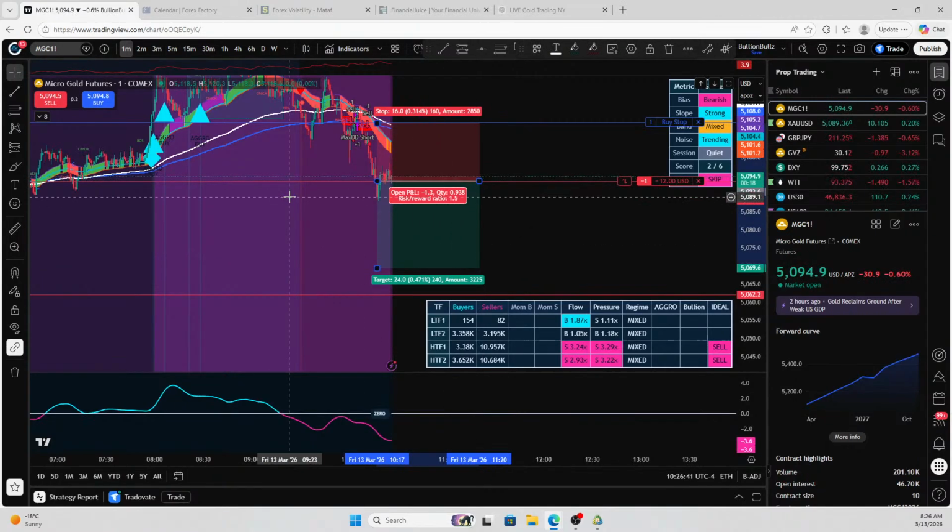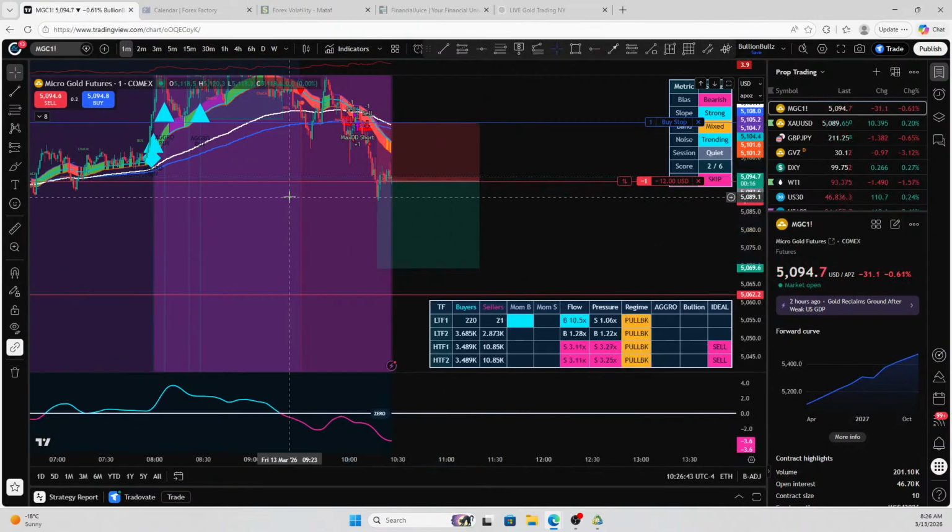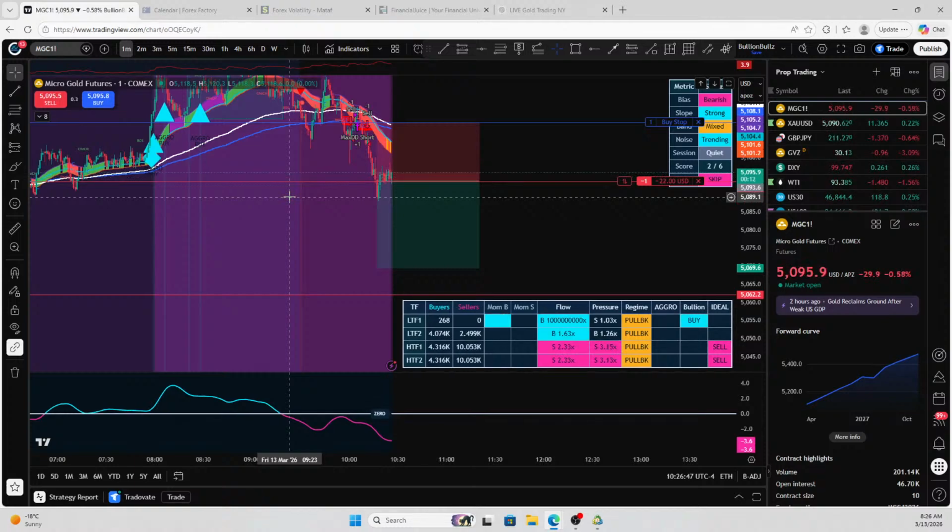I'm just taking setups based on my strategy. Okay, let's see what happens. I'm not in a rush. Okay, pressure is coming down.